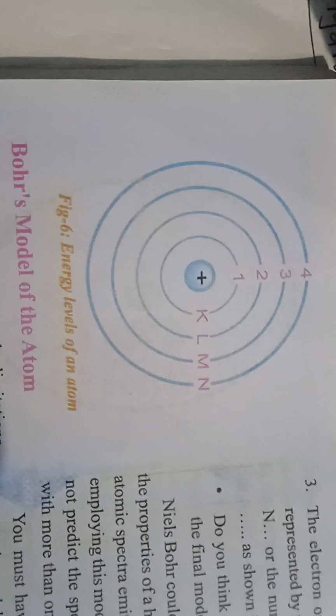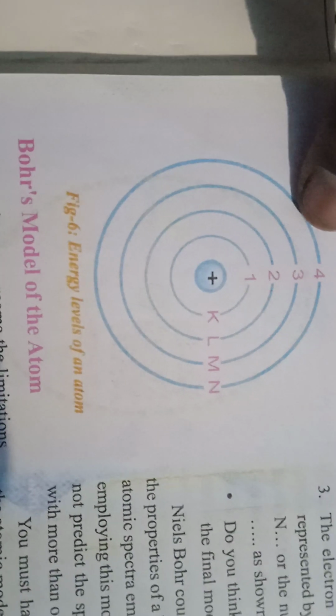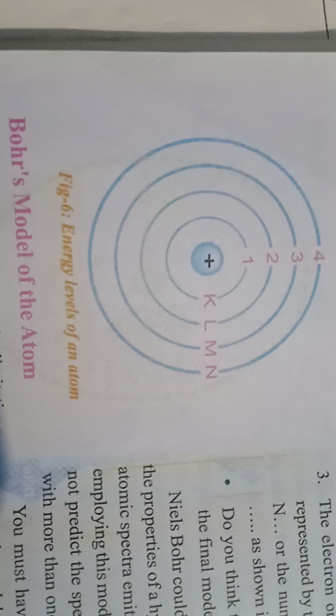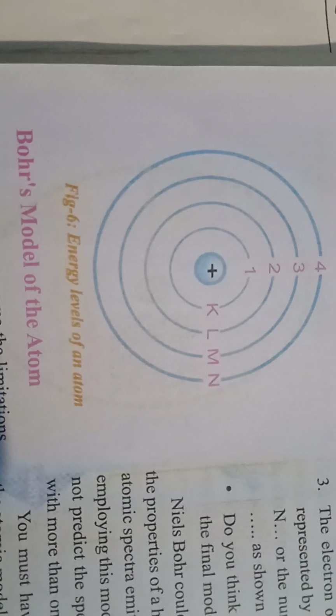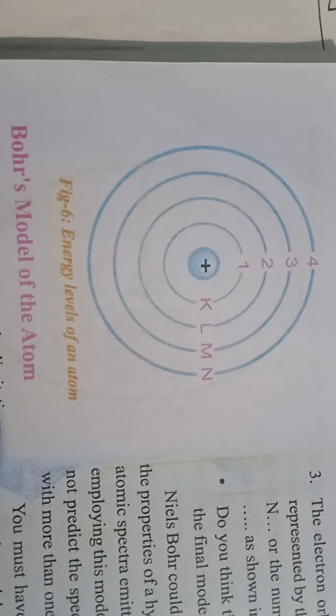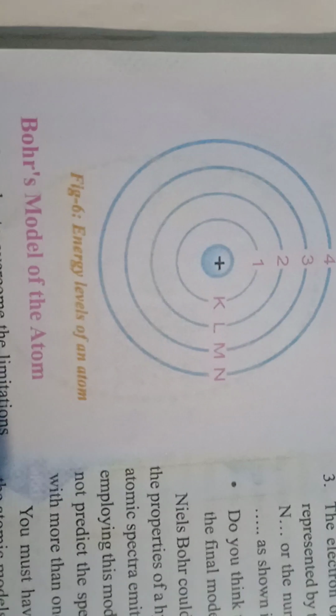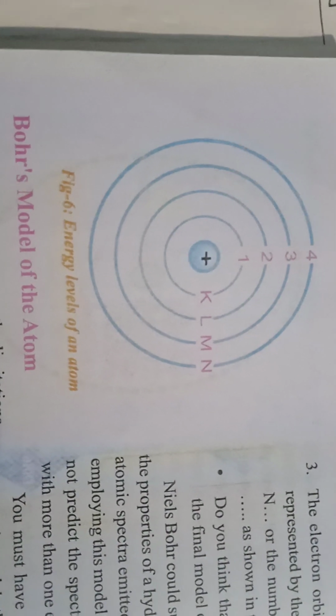The hydrogen spectrum observed through a high resolution spectroscope appears as finer lines, but Bohr's model could not explain the fine spectrum, also called the Zeeman effect. This is the limitation of Bohr's model of hydrogen atom.